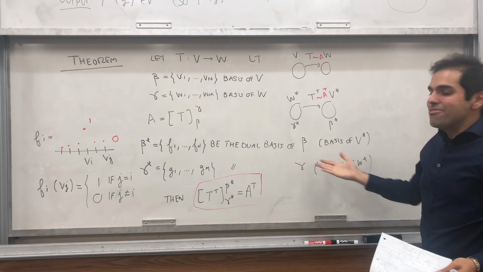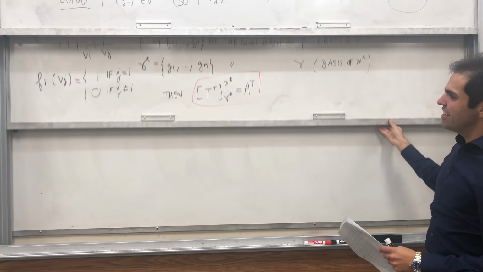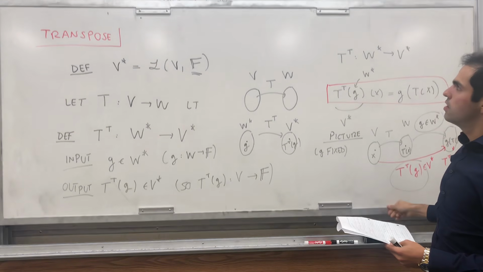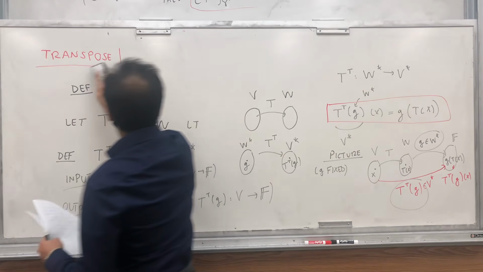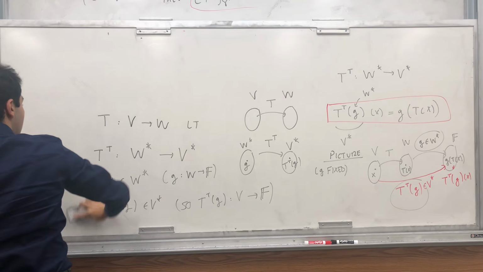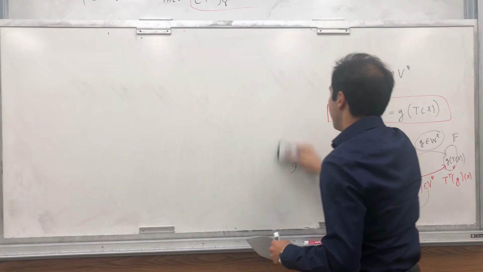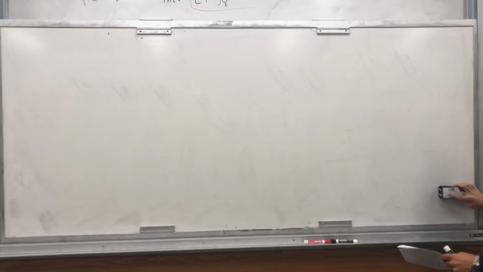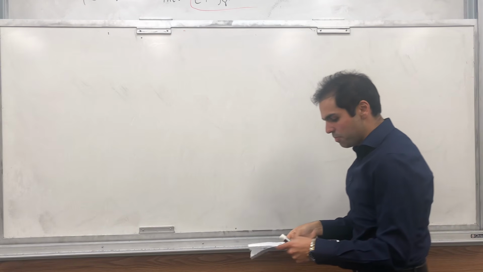All right, and you may say, why is that true? Well, let me show it to you, and it's a really nice proof. Not too long, just a couple of indices. And by the way, in another video, I will show you how to explicitly determine the matrix of T transpose, and hopefully it'll convince you that you indeed get A transpose.